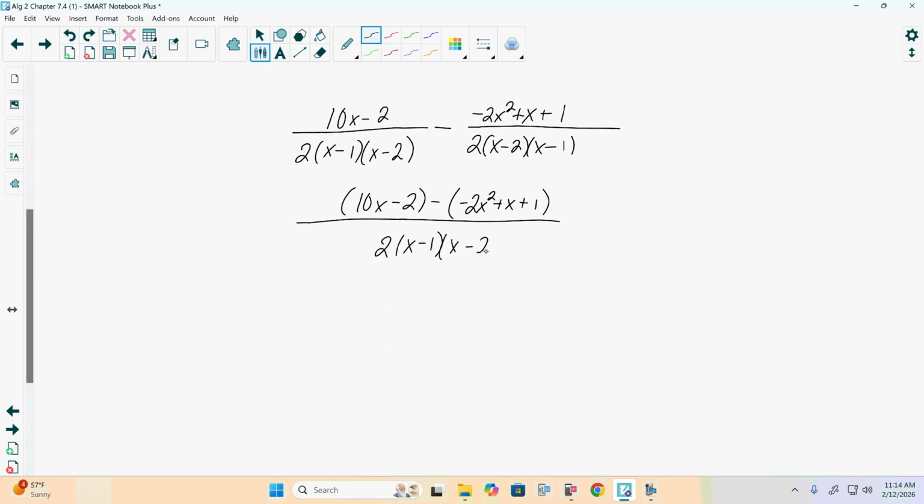Now that we have the denominators the same, and the numerators simplified, combined like terms, so we're not having a lot of unnecessary extra terms, we're going to go on and subtract the numerators.